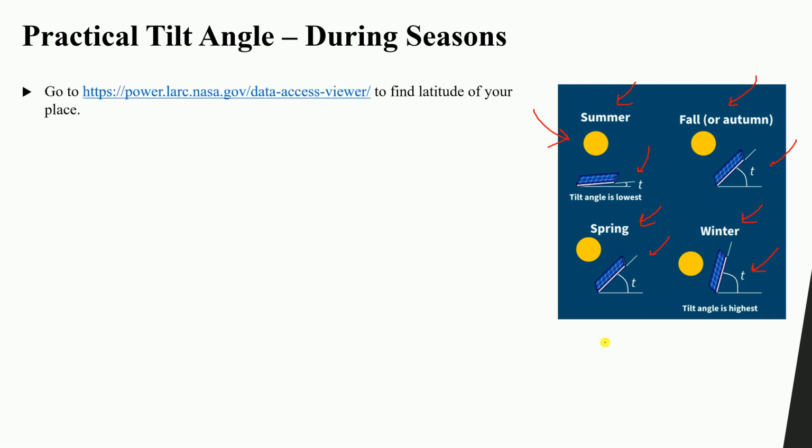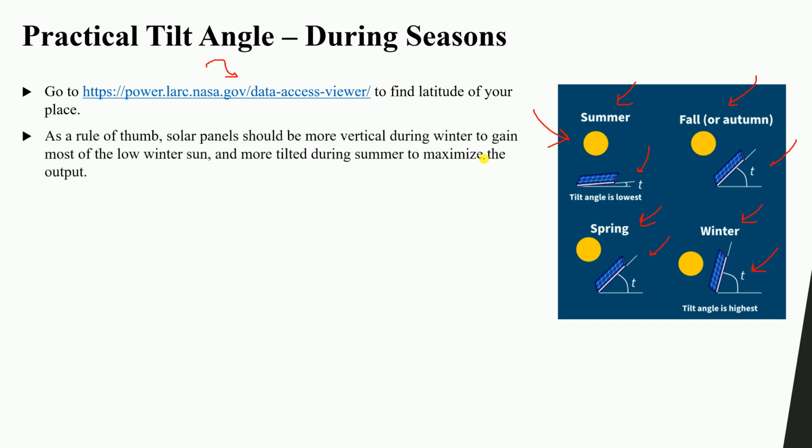First, we go to the NASA website again in order to obtain the latitude of our location. Then, as a rule of thumb, solar panels should be more vertical during winter to gain most of the low winter sun, and less tilted during summer to maximize the output.